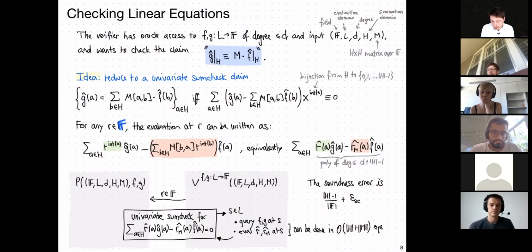So that's it really, right? We can just massage a linear transformation into a univariate polynomial by viewing the linear transformation as two sums, and then reindexing so that we can absorb the linear transformation inside the randomness. And we can compute the linear transformation ourselves, not on f, but on r, right?